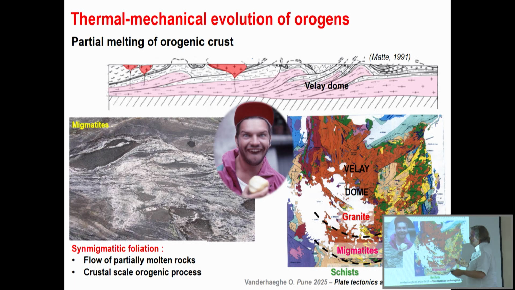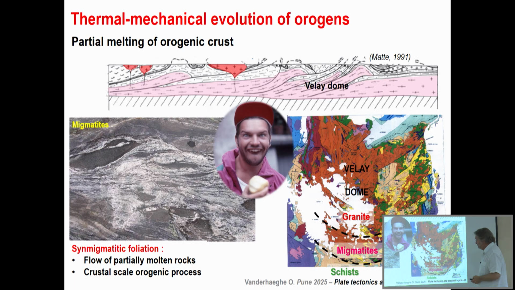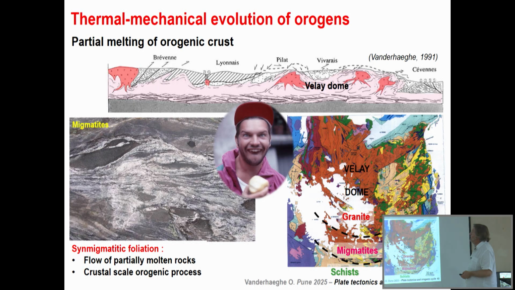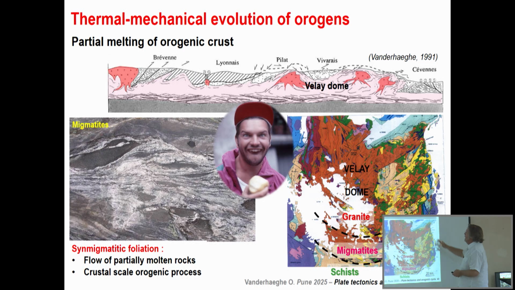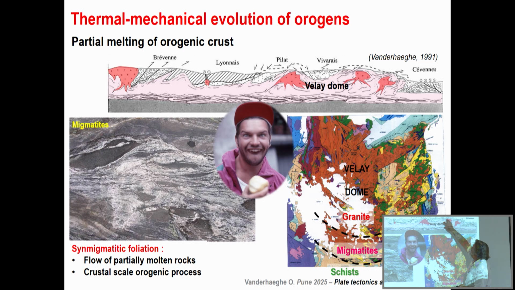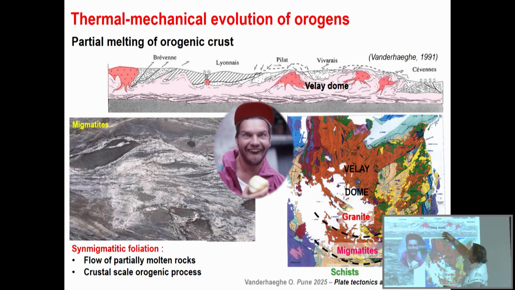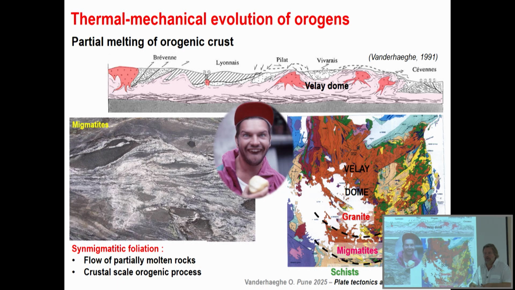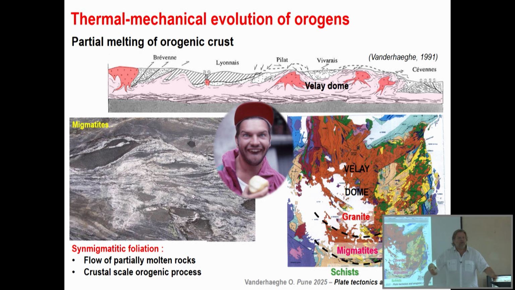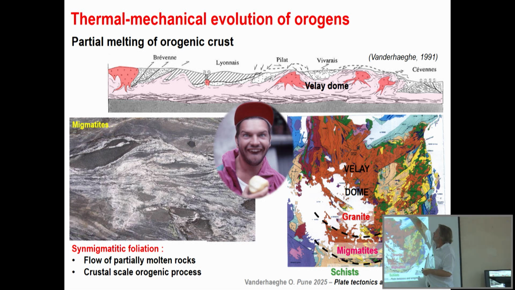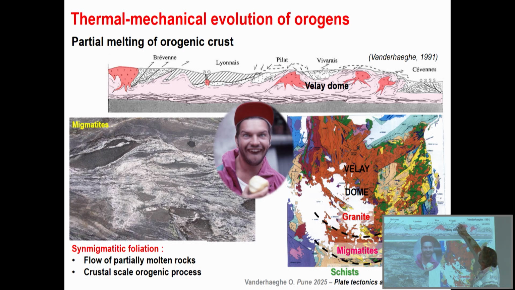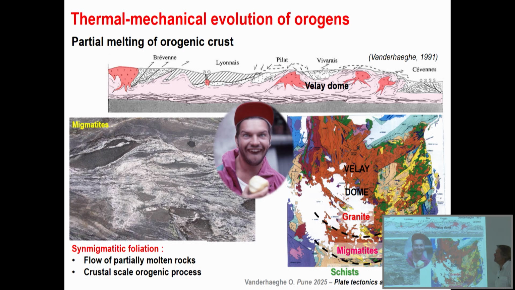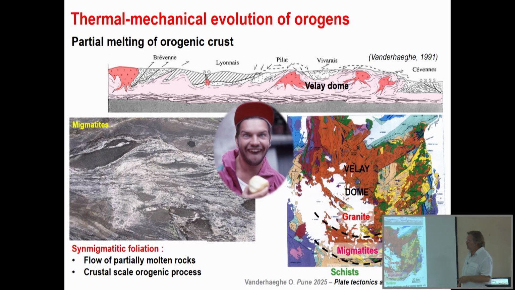So, well, if you do that, you miss half of the story. So I transformed that section like this and considered that all these migmatites are crustal scale, and here I think you feel the ductility, the flow of these partially molten rocks that will rise up and form domes, in different parts. So we'll deal with that tomorrow morning.